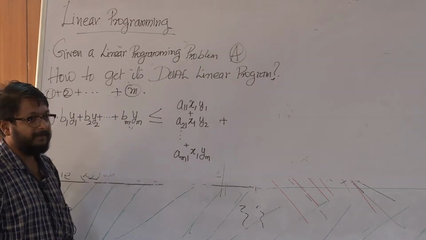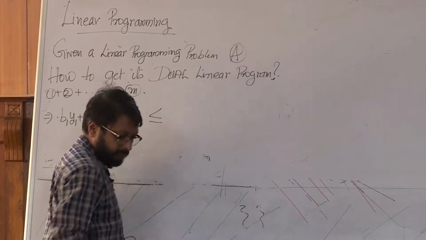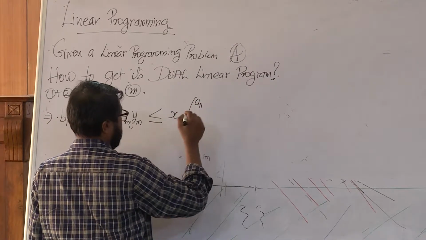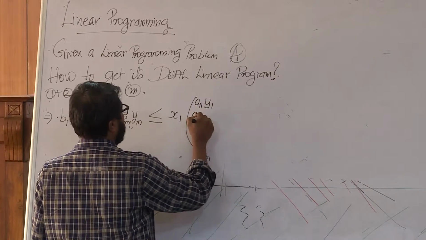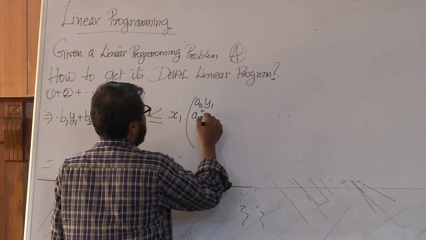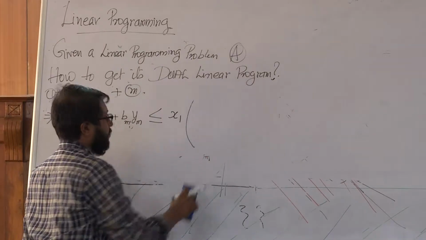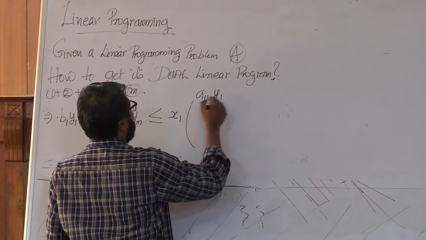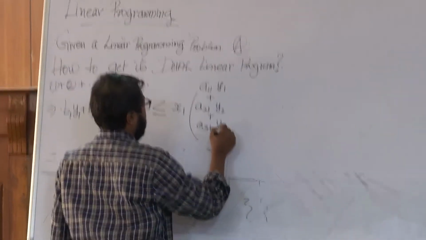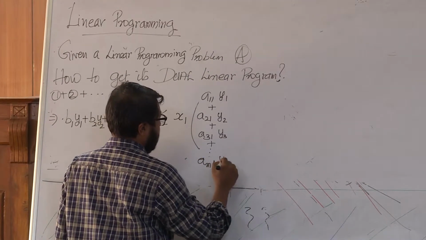I want to take something outside from this. So, I will take that x1 outside and write this as less than or equal to x1 times (a11 y1 plus a21 y2 plus a31 y3 plus and so on up to am1 ym).